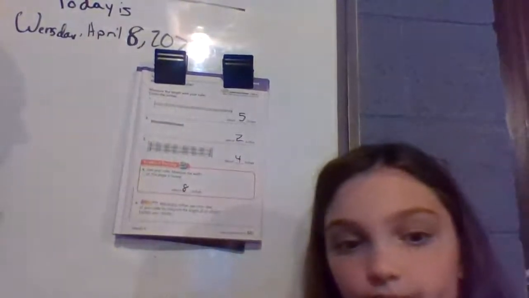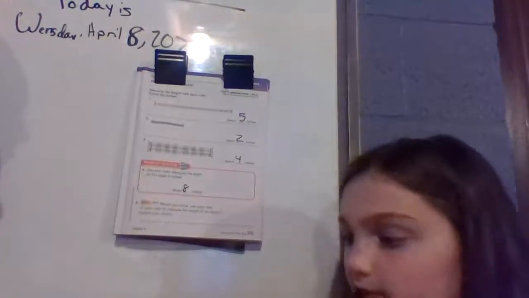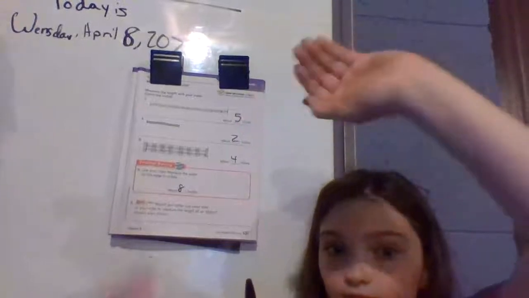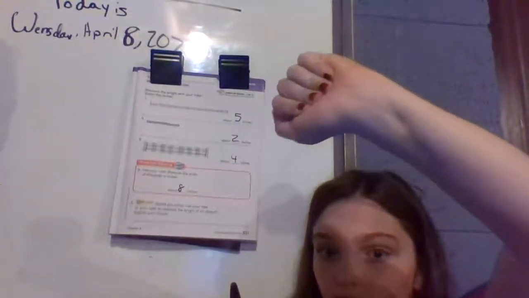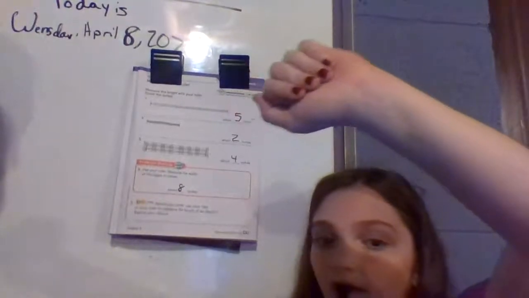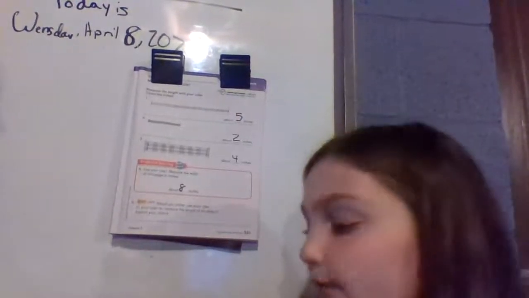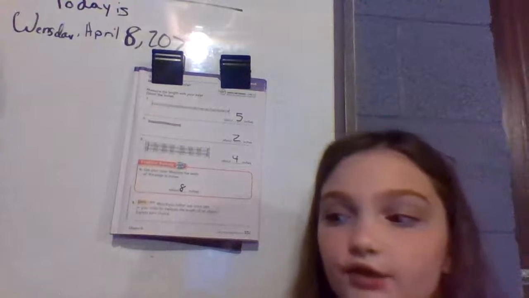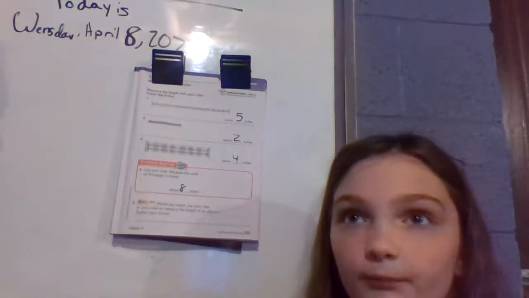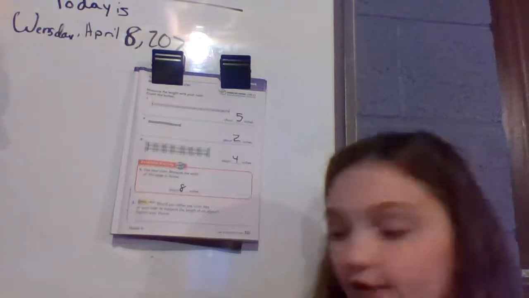And it says, would you rather use the color tiles or the ruler to measure the length of an object? And explain your choice. Now, does this answer have to look exactly like my answer? No. Because you might think one way's easier, and I might think another way's easier. Riley, which way do you think's easier? I would pick the ruler because then you would have to cut out all the tiles and do all the other sorts of stuff.